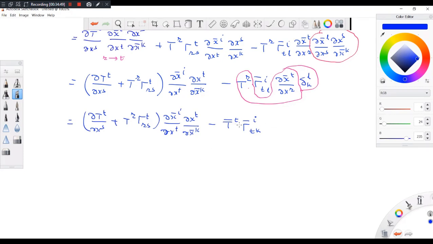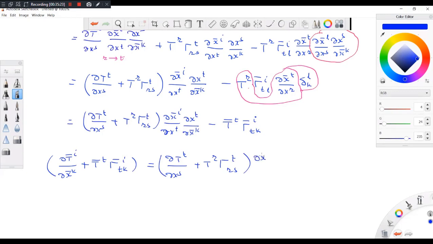So now take this to the left side. So what is on the left side? Del T bar I by del x bar k plus t bar t into gamma bar I t k. So this is left side, that should be equal to del tt by del x s plus tr gamma trs into del x bar I by del xt del xt.